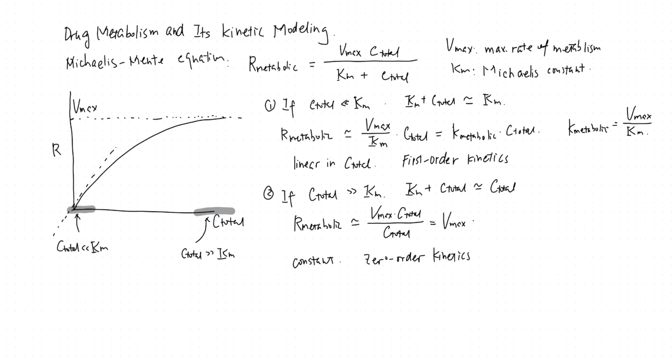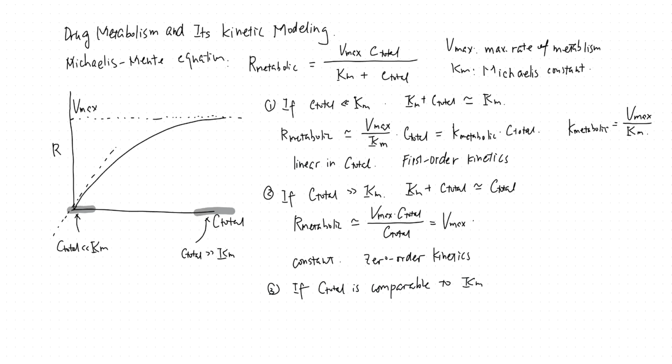And also, we are talking about regimes, but in many cases, C total may be comparable to Km, and then you are not in any region. In reality, when people start taking a drug, at the beginning, when the drug was initially taken in, the body may have a high concentration of it.